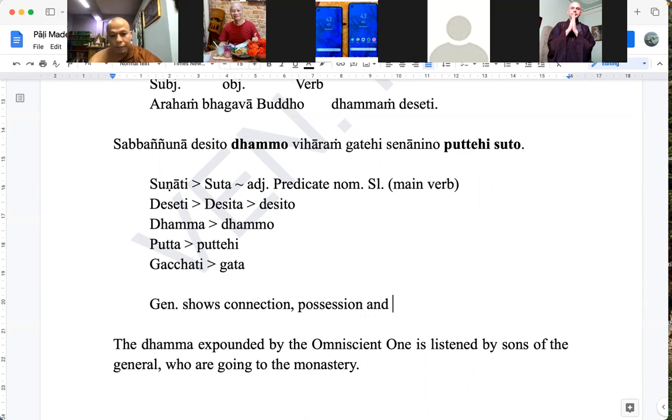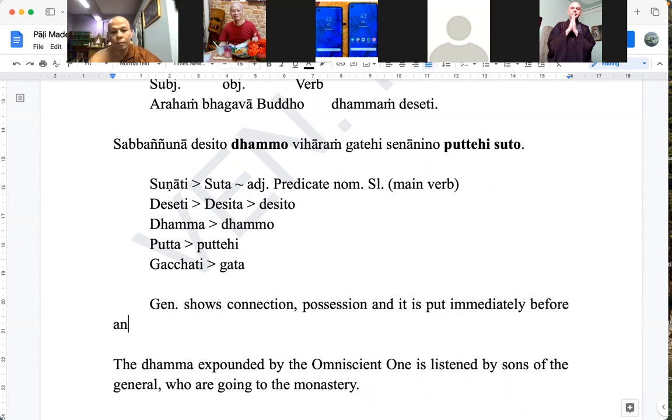It is both immediately before and connected with it, with that genitive case word.